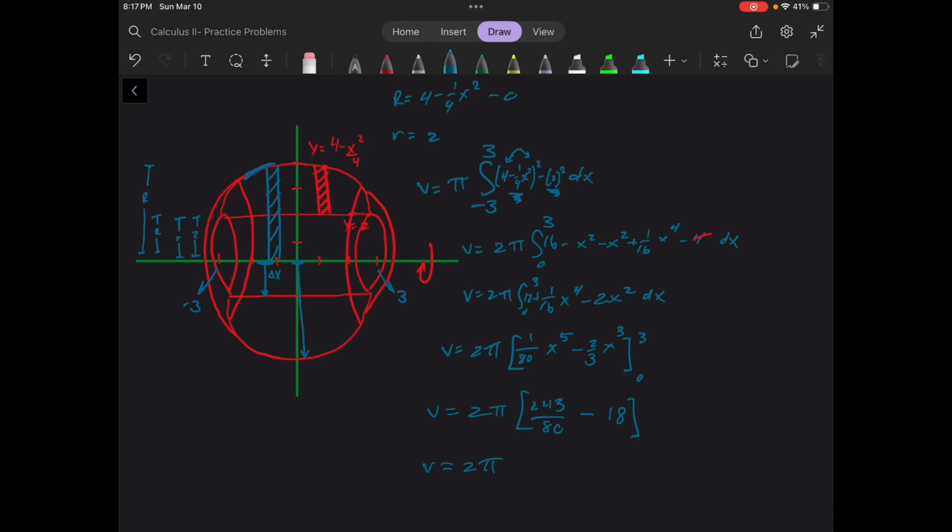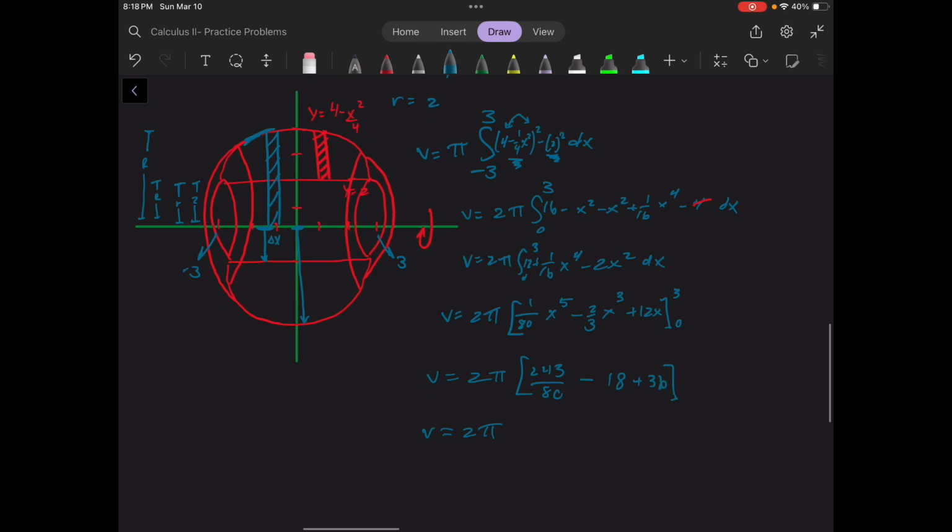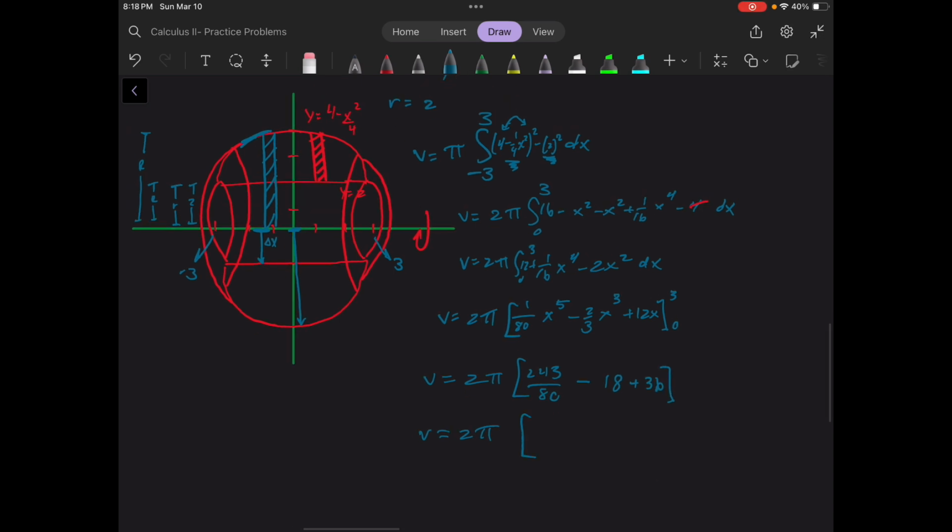So there's also a 12x from 3 to 0. So it doesn't change much except having a 36 in here now. That's good, because now the volume is positive. Figured it might have been wrong since it was negative.